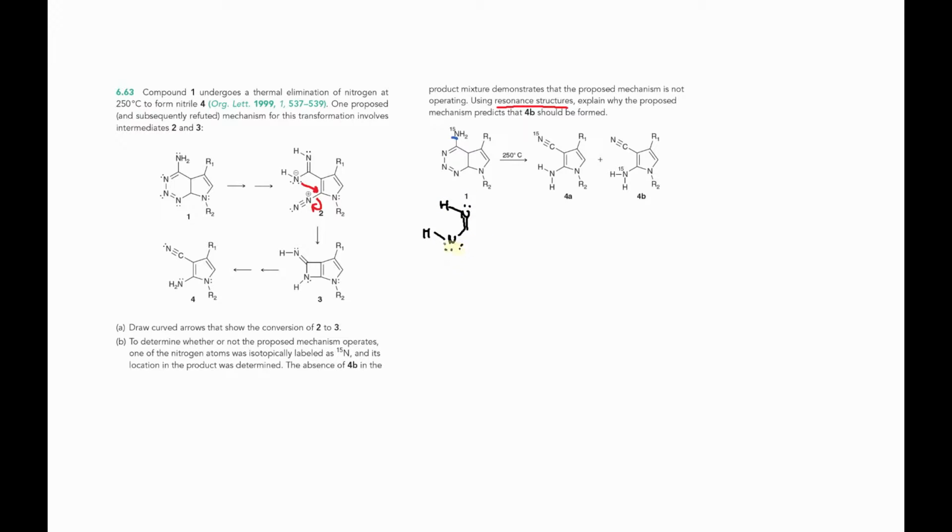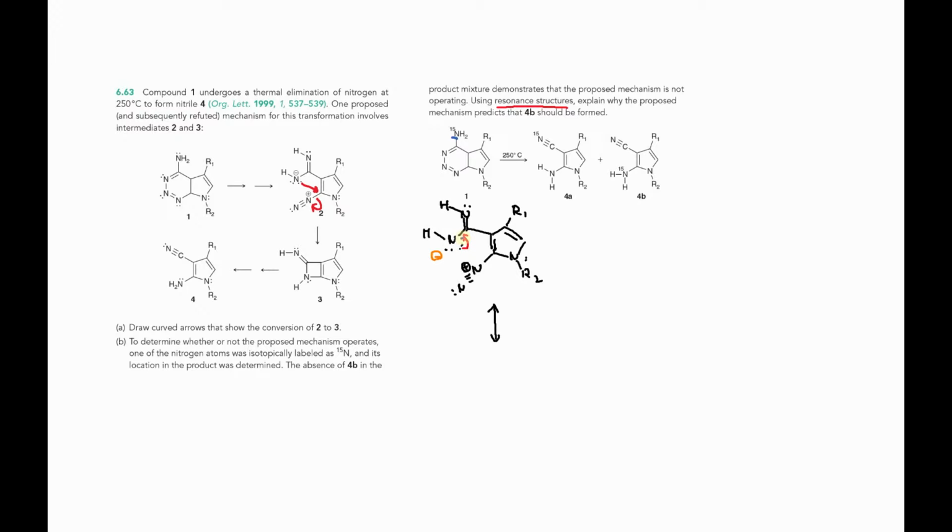We have a minus charge on this nitrogen, and this structure is going to undergo resonance by placing the tail of the arrow on the nitrogen.